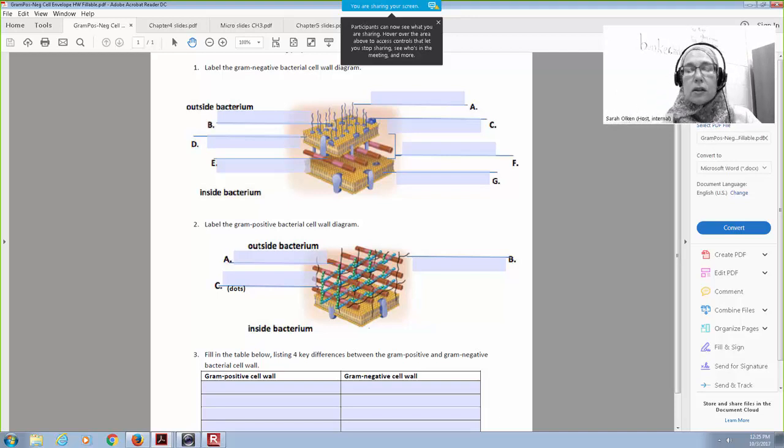And that strength can be broken down in the case of treatment with antibiotics that target the cell wall. That will weaken the cell wall such that the bacteria become susceptible to changes in the environment, in the tonicity of the environment.